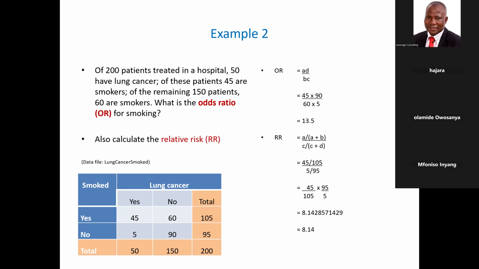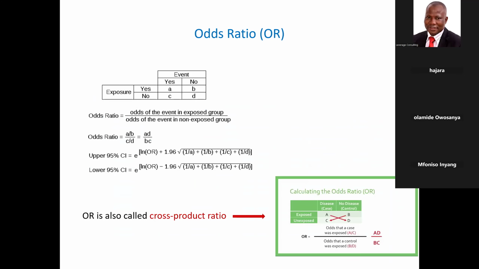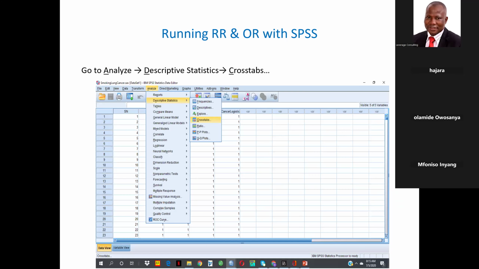So from that you can just say the odds ratio is AD over BC. Call it the cross product. The odds ratio is AD divided by BC.